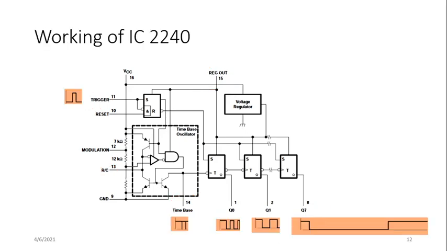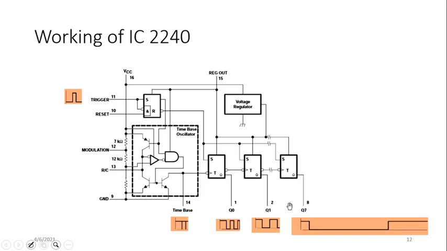So what are the different waveforms? How the waveforms are related here, that is given. Here you are giving the one trigger pulse. When you give this trigger pulse, it is going to generate a time-based signal, that is negative pulses. These negative pulses are shown here. So this is the time-based signal. Then the first output, which is generating one frequency F1.